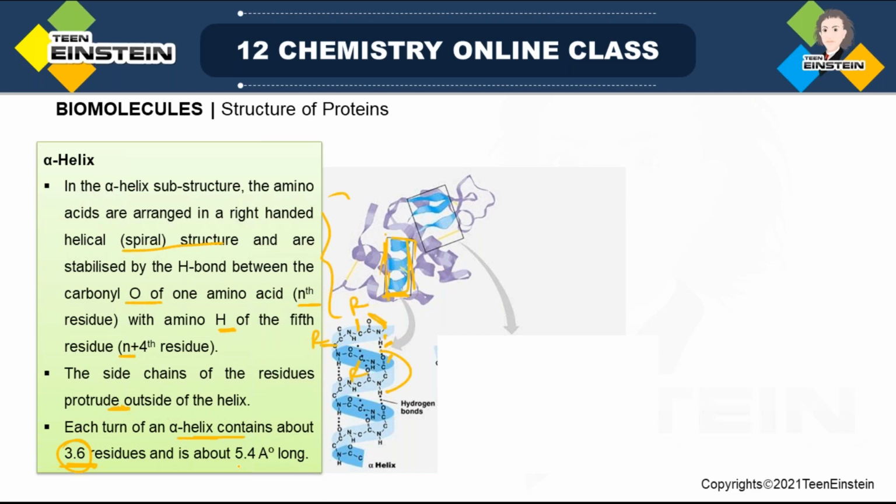It is 5.4 angstrom. Also, the hydrogen bond is formed between the hydrogen of one peptide NH and the next one at the N plus 4th position. So these three pieces of information are important.